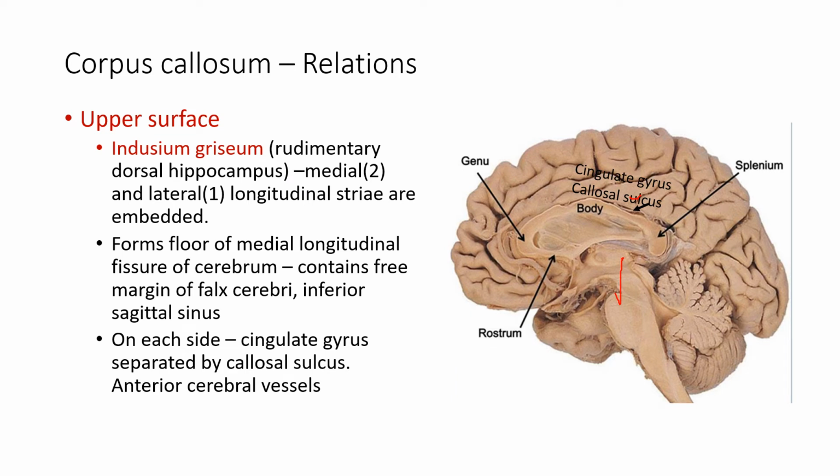The sulcus you are seeing between the corpus callosum and the cingulate gyrus is the callosal sulcus. What does it contain? It contains the anterior cerebral vessels. The anterior cerebral artery is the main artery, or the major contribution of the anterior cerebral artery is to the medial surface.